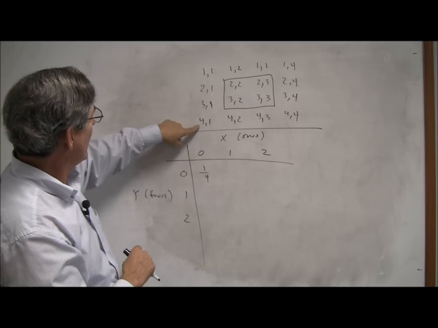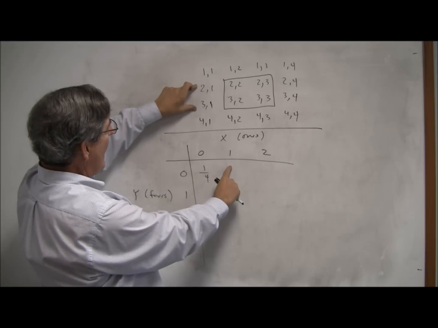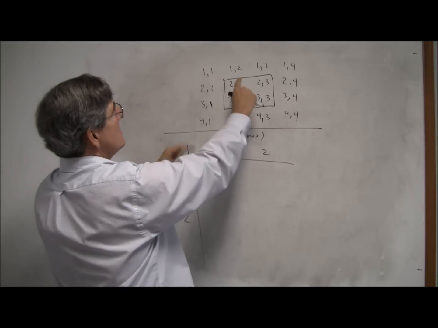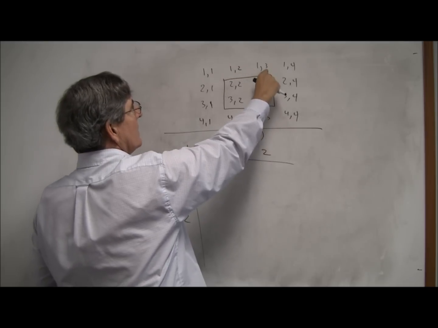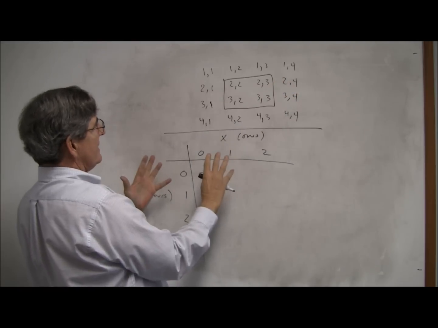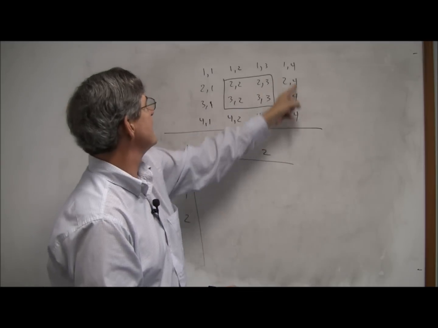Here we get both a 4 and a 1. So these two match because we get 1, 1 and no 4s. Here we get 1s and 4s. And all the others don't meet the condition, because here I get at least 1 4. Here, all of these I get a 4.